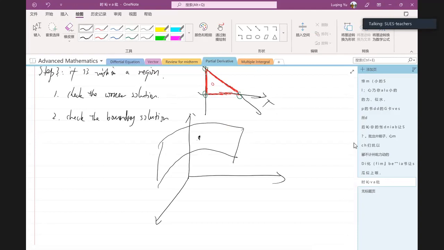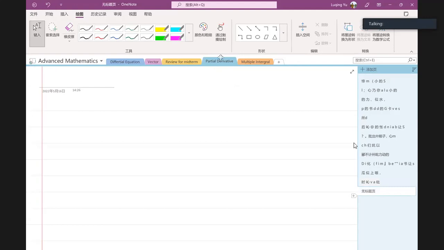Usually they won't ask you simultaneously what the local maximum and the local minimum are, because that is kind of complicated. If we don't want to make the question too complicated, then we will have the Lagrange multipliers.